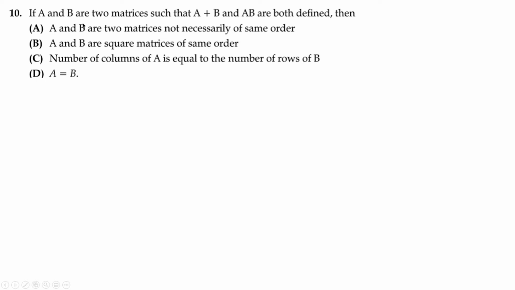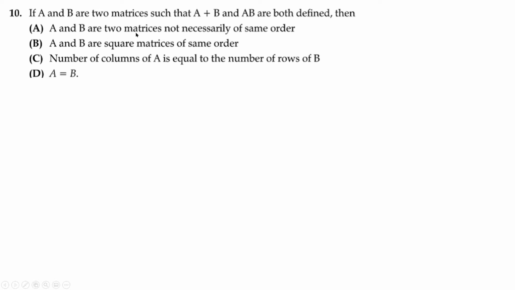Next question: if A and B are two matrices such that A plus B and AB are both defined, then: A, A and B are two matrices not necessarily of the same order. B, A and B are square matrices of the same order. C, the number of columns of A is equal to the number of rows of B. D, A equal to B. So here it is said A and B are two matrices such that A plus B and AB are both defined.